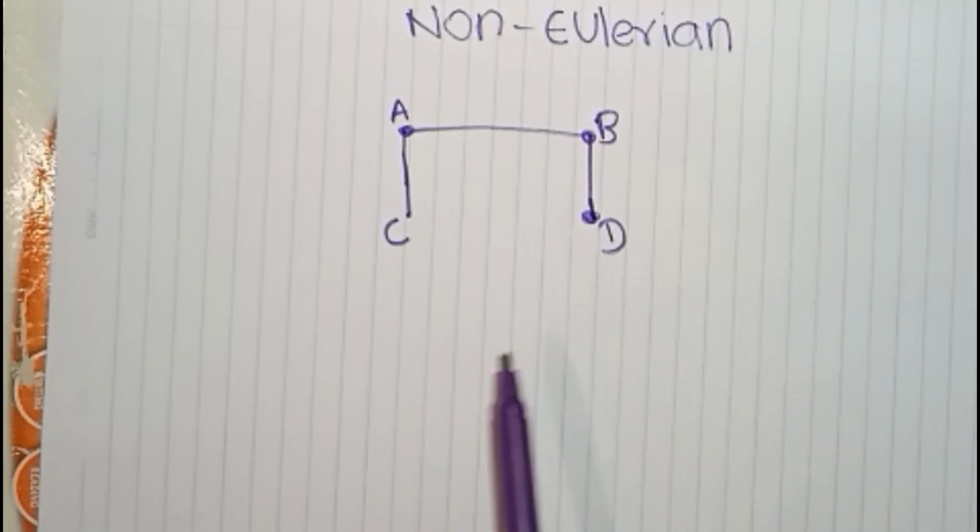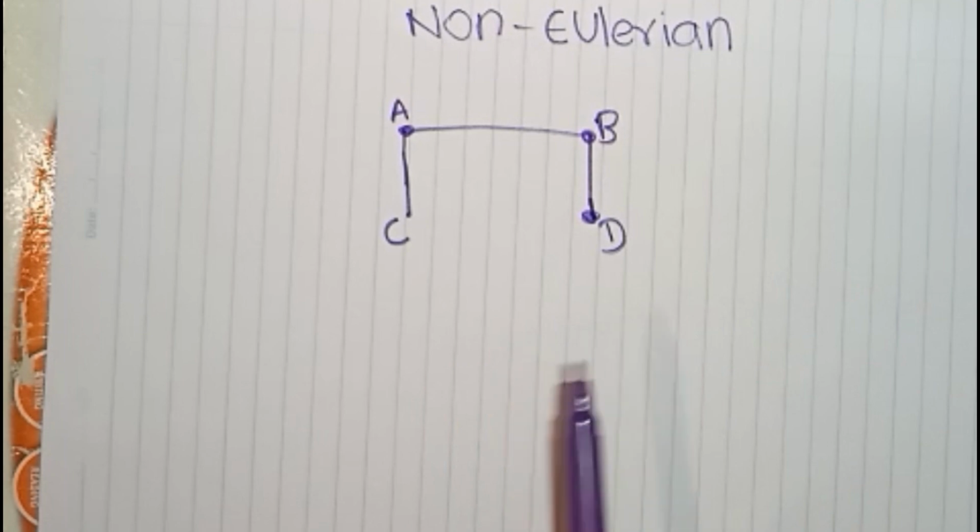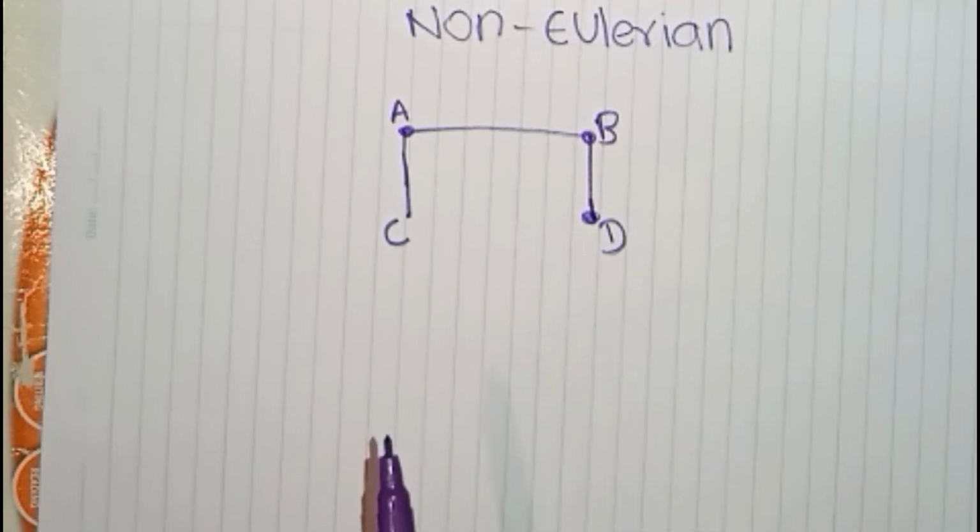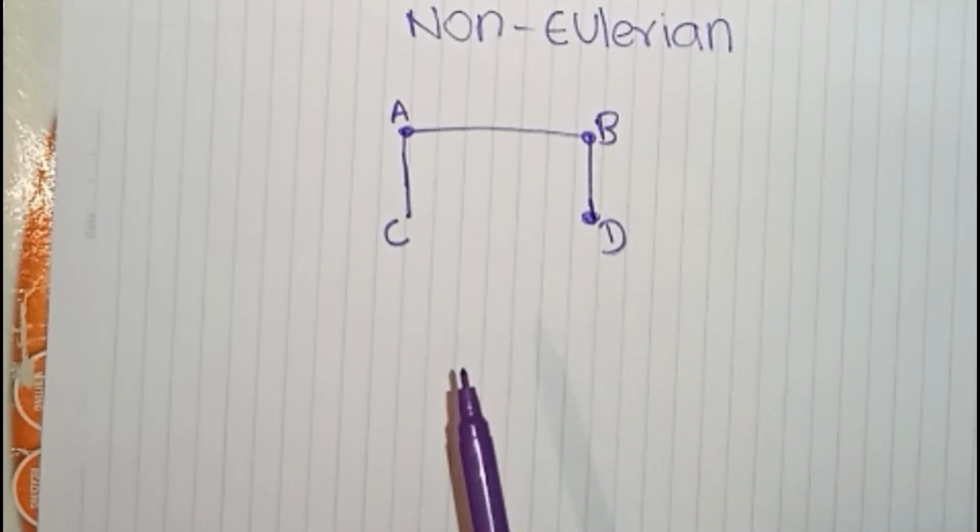There is no Eulerian path or circuit, and this is a non-Eulerian graph.